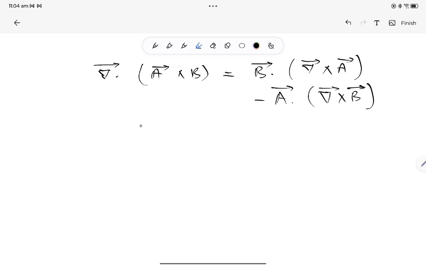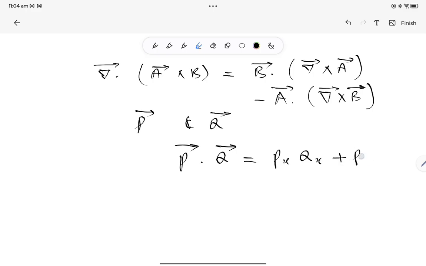For dot product, for example, if you have P and Q as two vectors, then their dot product P dot Q is simply PxQx plus PyQy plus PzQz. That is, Px multiplied with Qx.